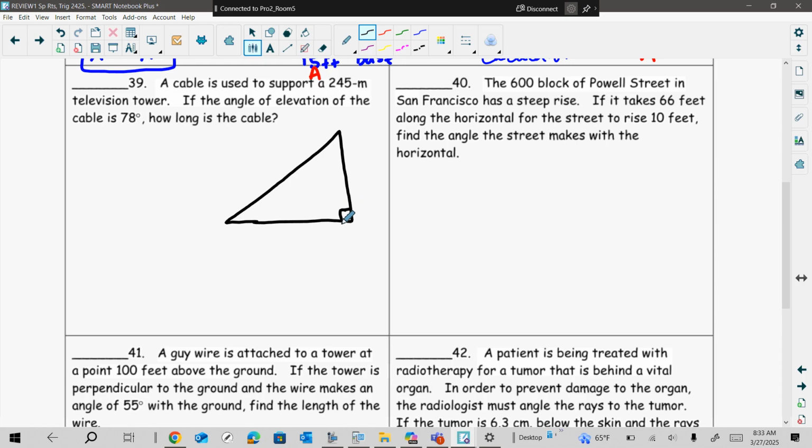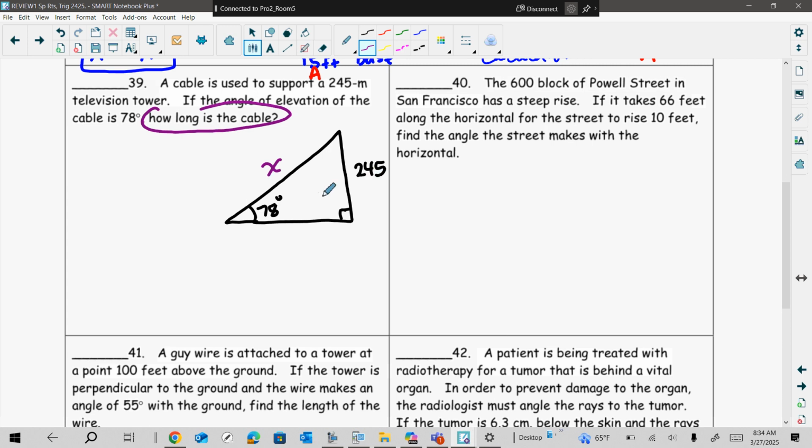The tower being 245 feet, that has to be this vertical distance here. Angle of elevation, that's with the horizontal, so that's 78 degrees here. And then they want to know how long is the cable. That is the hypotenuse, yes.